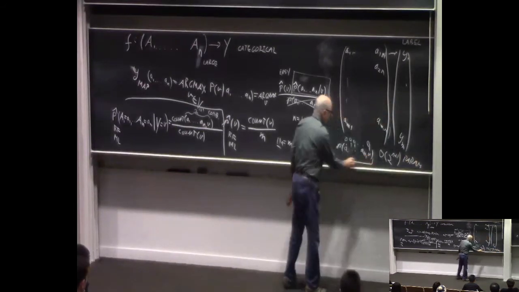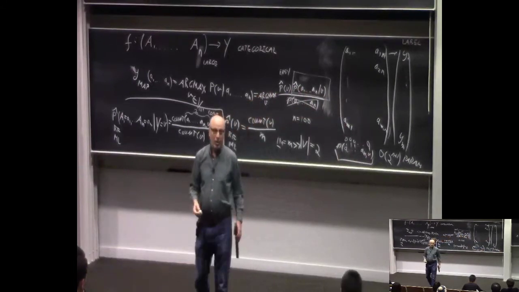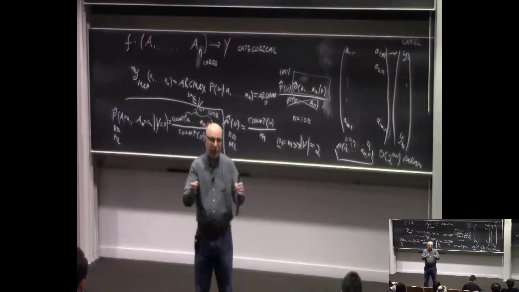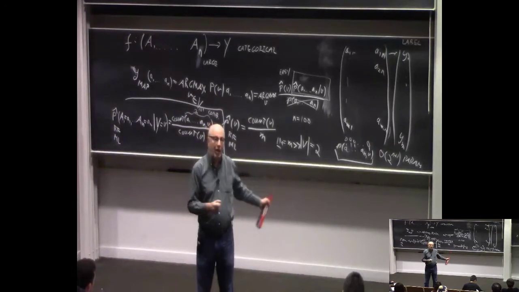This probability function or form is called the joint probability function. The joint probability function of multiple random variables expresses the probability of every combination of these random variables. The joint probability function would have to have as many numbers as there are combinations, namely exponential in the number of random variables in it.